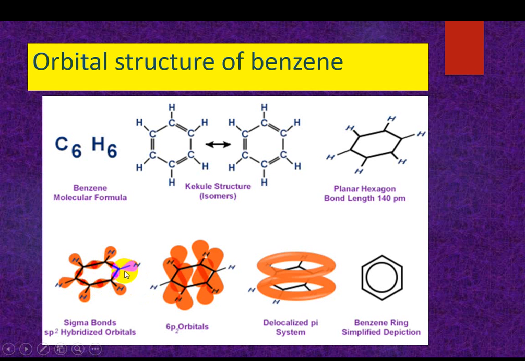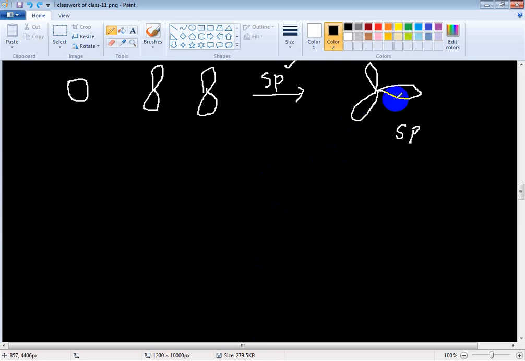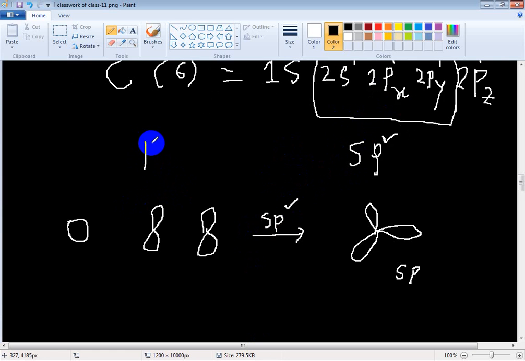Okay, this carbon is sp2 hybridized. All the carbons contain sp2 hybridized orbitals, and there is also a hydrogen. When the hydrogen attaches here, hydrogen contains an s orbital.